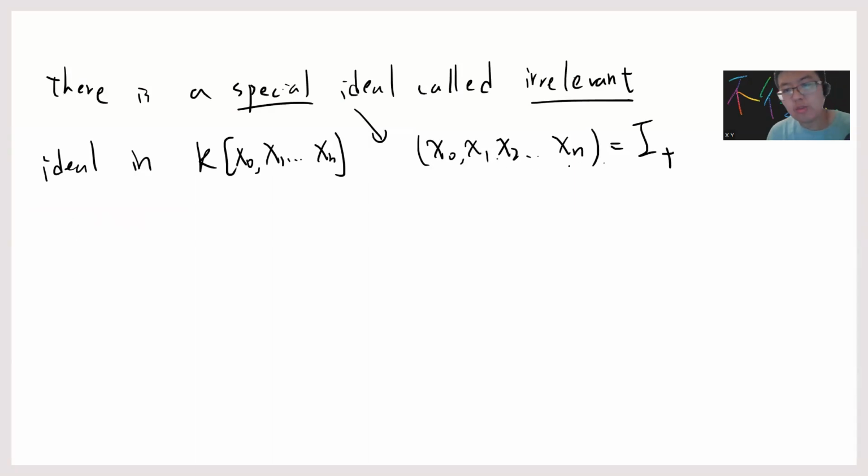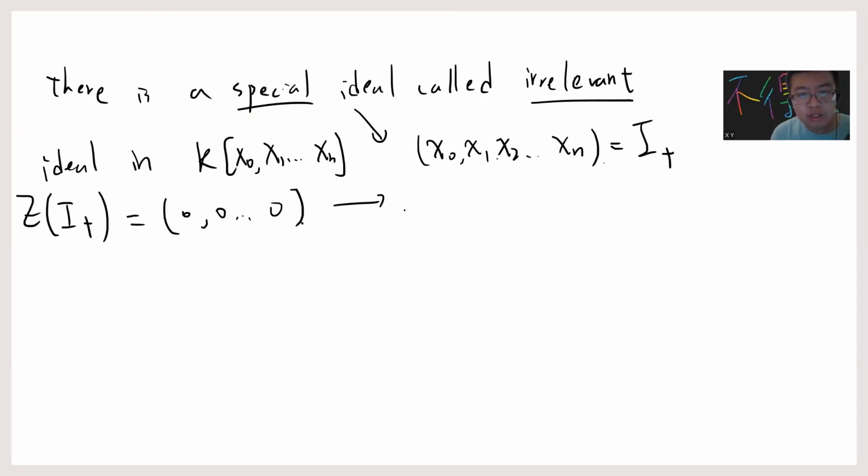So if you take the zero set of I plus, you get everything zero, but everything zero is not in the projective space. So Z of I plus gives you (0, 0, ..., 0), so it's not in the projective space.